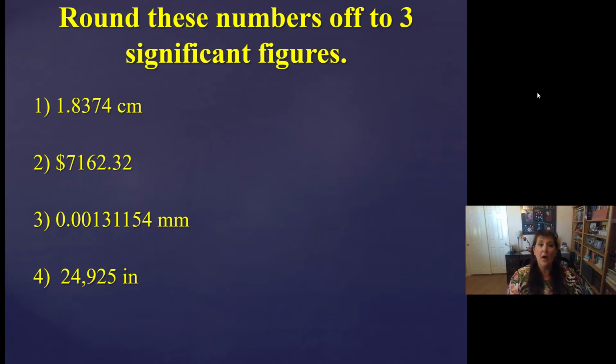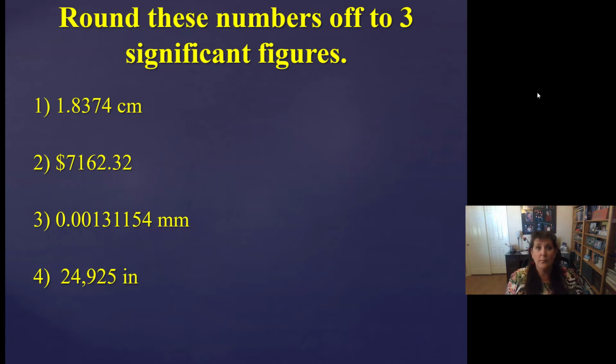No. So the answer is 7,160. Keep the magnitude, not 716. See the difference? $7,000, $700. Very big difference. So again, this number is 7,000. It needs to stay 7,000. So we're going to use a placeholder 0.